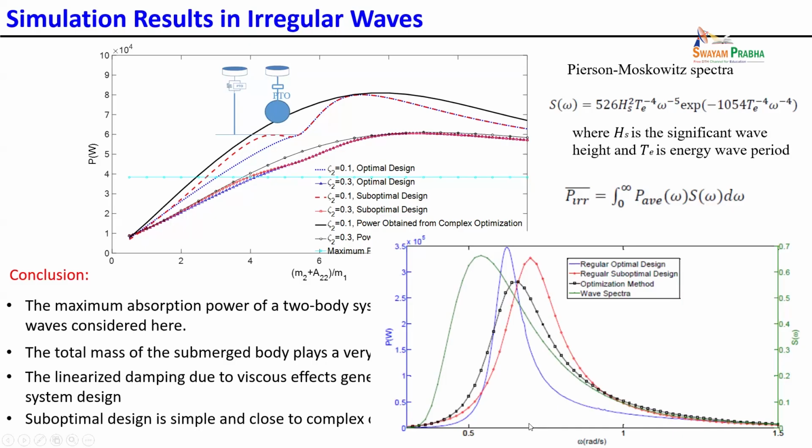That is your wave spectrum, this color. And this black line shows the optimized parameter. This is the output power spectrum, so in this case you can have maximum power. This line also shows the regular wave suboptimal case.